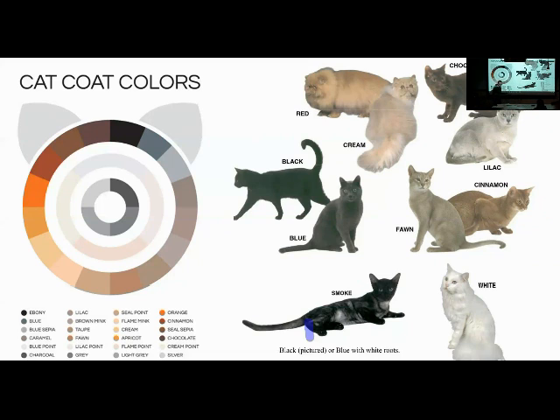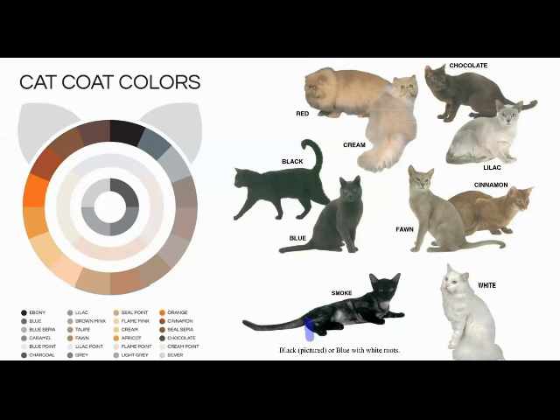So for you guys, what colors are your cats? Black and white. My cat, calico. What's yours? What color cat is yours? Red. Tortoiseshell. Okay, tortoiseshell and black and white. Very good, a lot of different color choices.